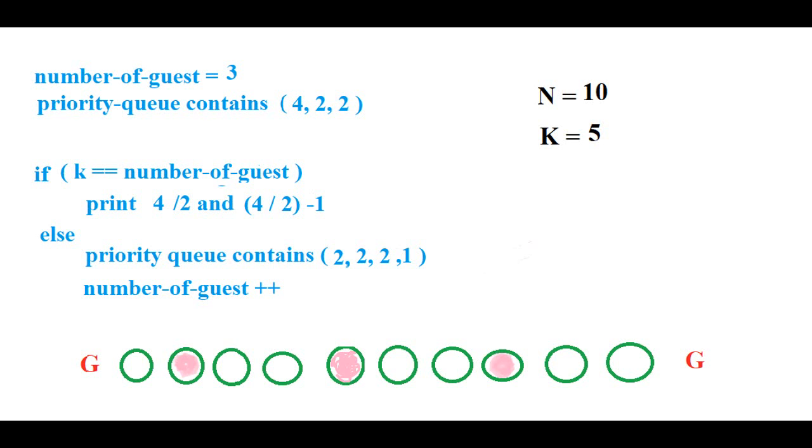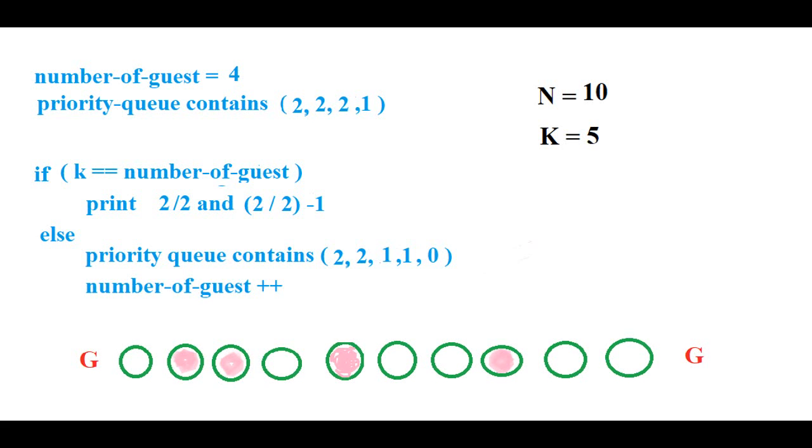As K is greater than 3, we push 2 and 1 into the priority queue, and we increase the number of guests. Again, we retrieve the biggest number of consecutive bathroom stalls by doing a priority queue dot top. We know that K is greater than 4, so we push back this number divided by 2 in the priority queue. As the number is 2 and 2 is even, we push 2 divided by 2 and 2 divided by 2 minus 1 into the priority queue. We increment the number of guests.